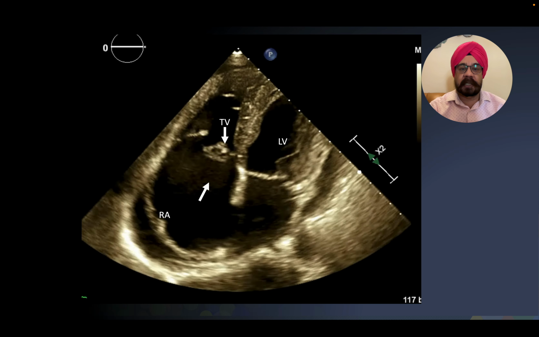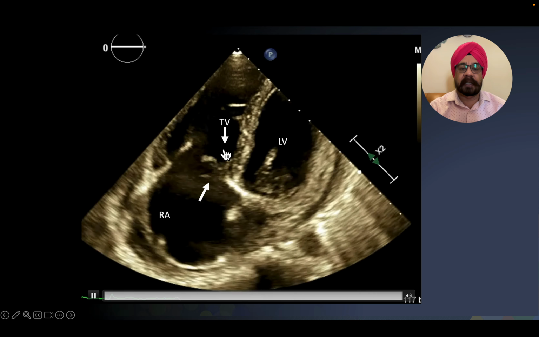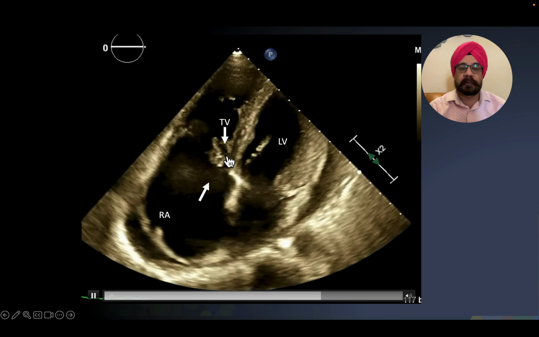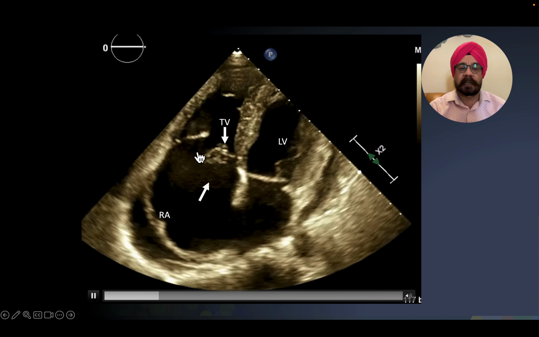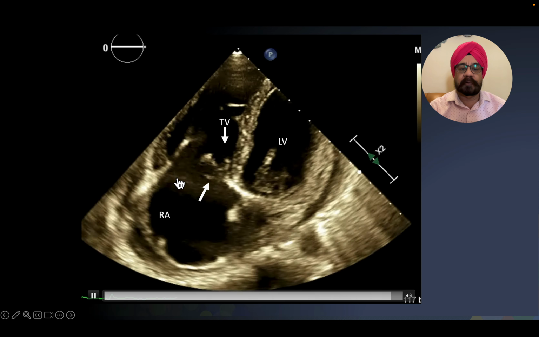But if you notice carefully, the tricuspid valve is here. That's what made me suspect that this is not a tricuspid valve. This is the tricuspid valve, the septal leaflet, and that's the anterior leaflet, you see it here.